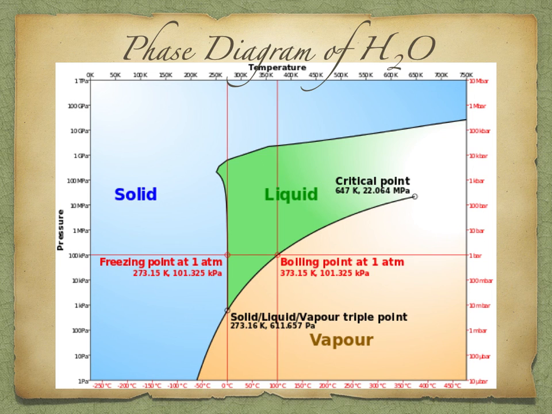One of the ways to account for this, so here's a far more detailed version of the phase diagram of water. You'll notice we have two temperature scales. We have a Celsius temperature scale on the bottom. We have a Kelvin temperature scale on the top. The right side is measured in bars, which are similar to atmospheres. And on the left side, we have pascals, which are the SI unit of pressure.